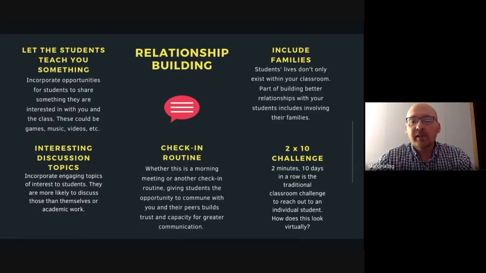Could it be the 2 minutes, but at least one small group session each week where I'm asking them, come meet me in this little breakout room for 2 minutes? You try to do this with a few students, but we just need to adapt it. How would that look virtually? But the idea is still the same, that it's a very focused reach out that we're looking for to try and motivate the student.